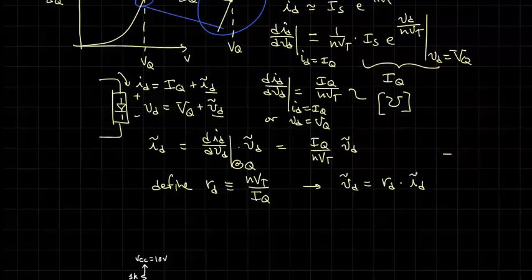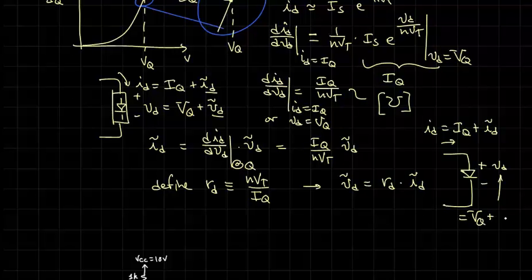Such that if we have our diode here, and we look at the voltage VD and ID, and ID is this IQ plus little ID, then VD here is going to be equal to big VQ plus RD times little ID.